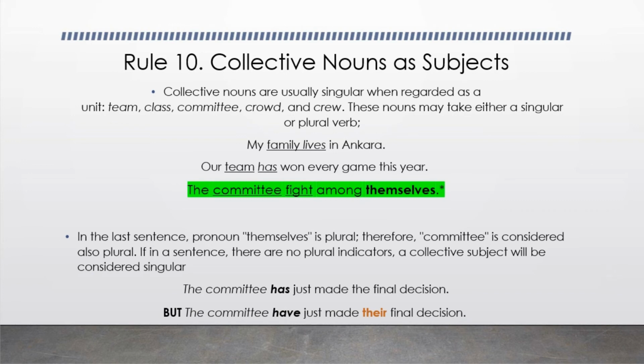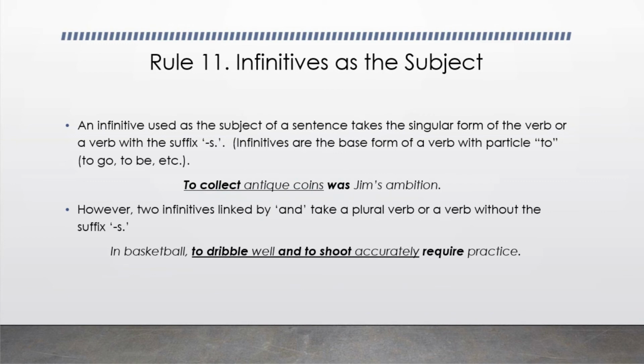Rule number 11 talks about infinitives as the subject, as a simple subject. An infinitive used as the subject of a sentence always takes the singular form of the verb. You add the S ending to the verb. Infinitives are the base form of a verb with particle to, for example, to go, to be, to see.